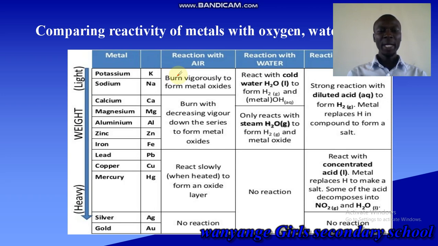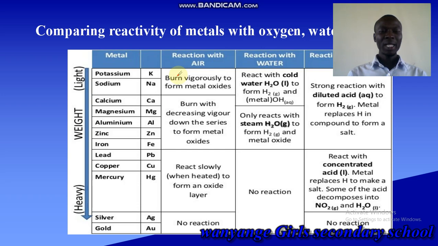So it reacts very vigorously with oxygen. As well, sodium is also very reactive with oxygen. So it also burns vigorously with oxygen to form a metal oxide. Which oxide will potassium form? It forms potassium oxide. Then sodium forms sodium oxide. Okay? So these two react vigorously with oxygen.